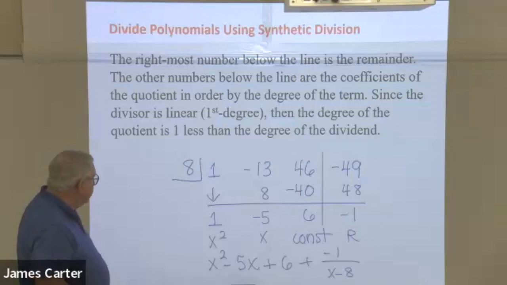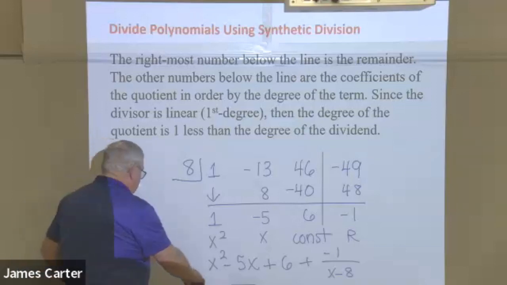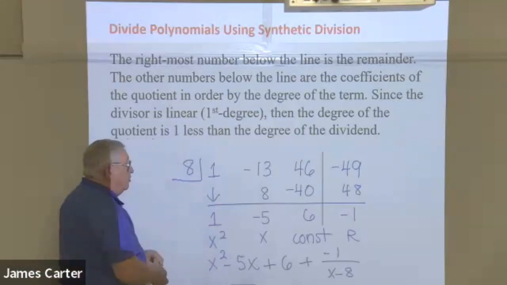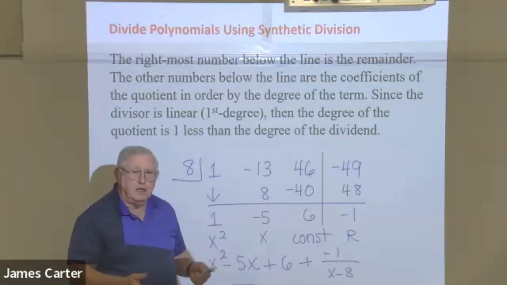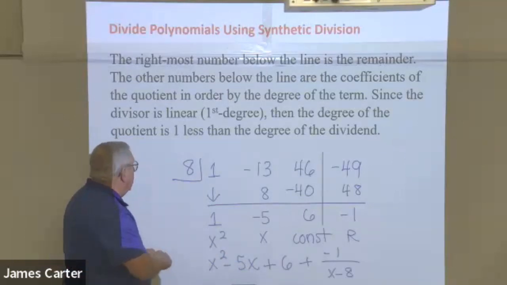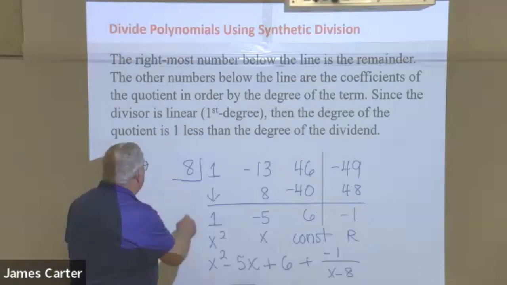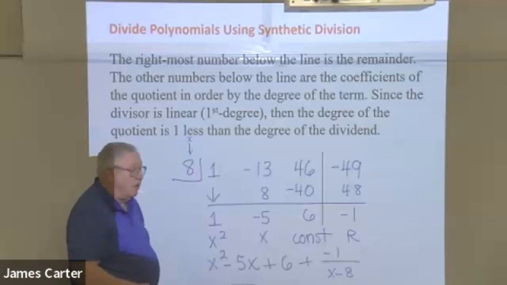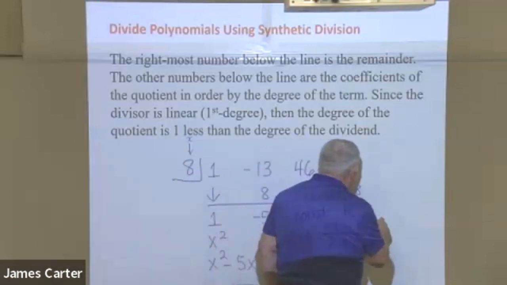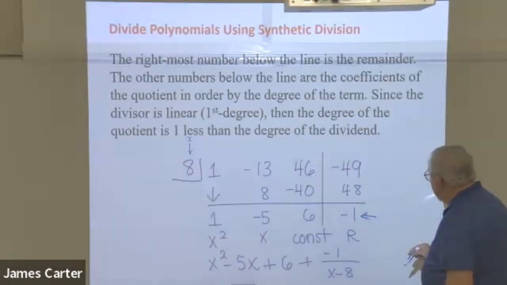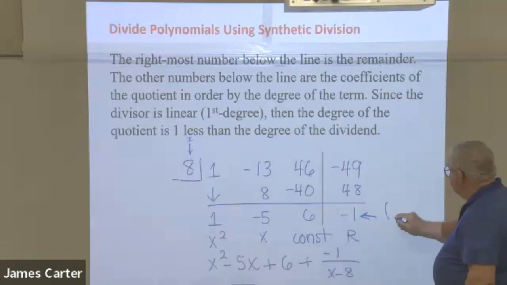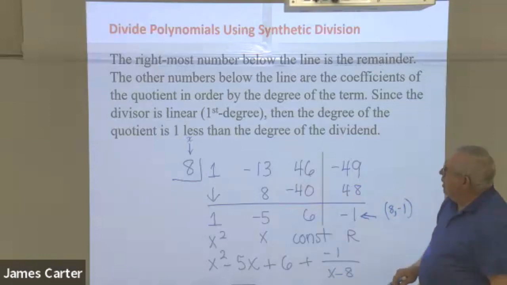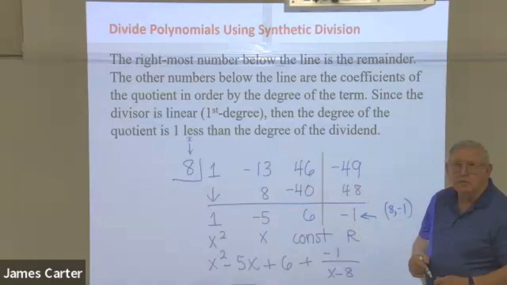Now, a little side bit. There's something called the remainder theorem. I'm actually getting a little bit ahead of myself in this, but the remainder theorem says if you have this x value for this problem, and you have this remainder, then those two together generate the point (8, -1) on the graph of the original equation.